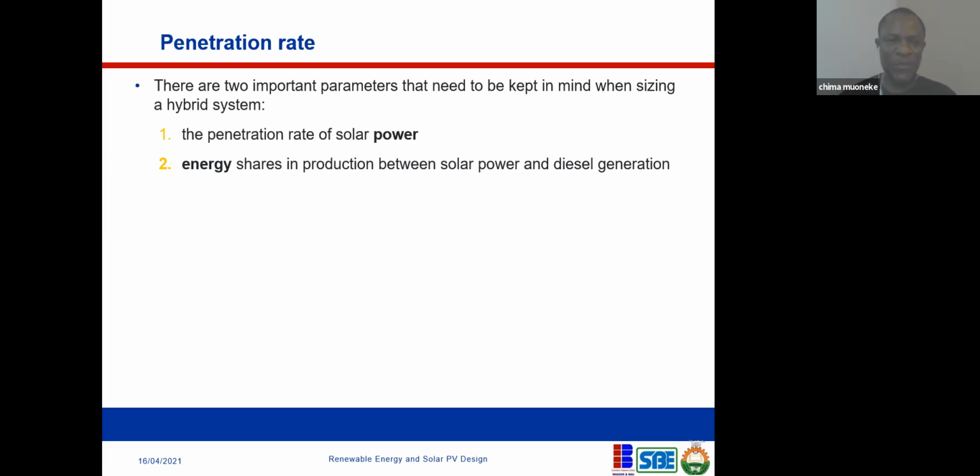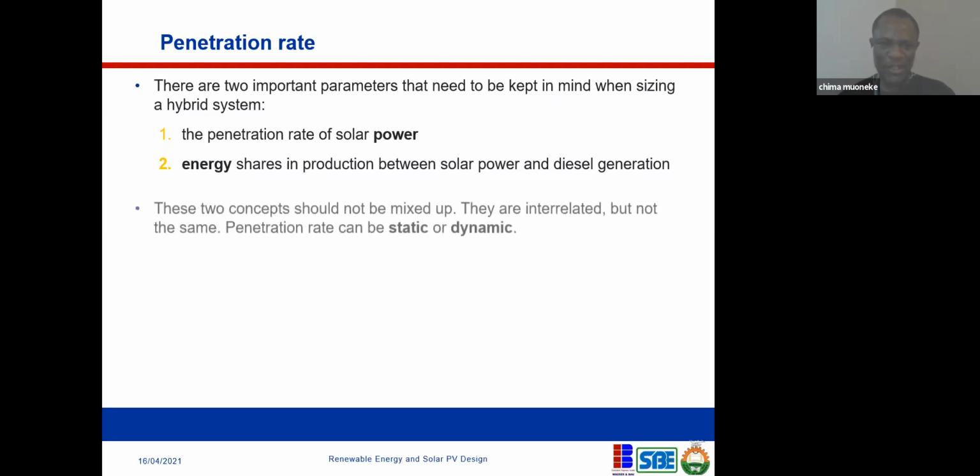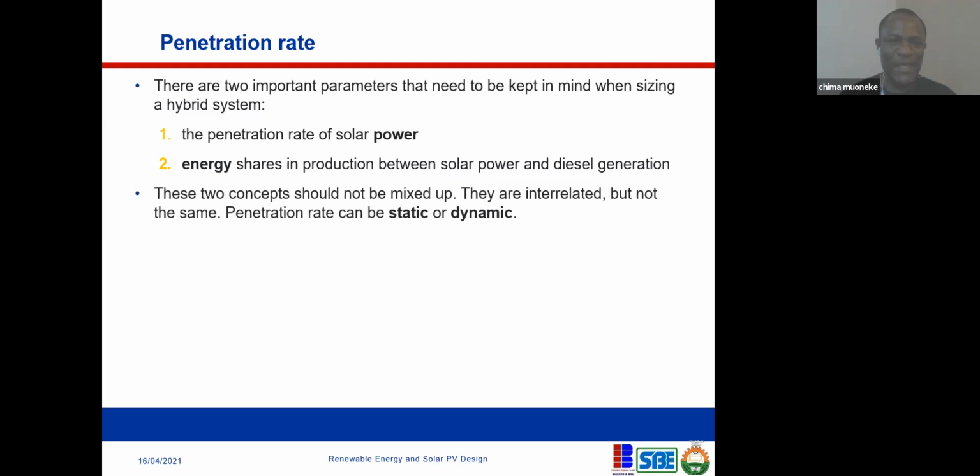The two important parameters are: one, the penetration rate of the solar power; two, the energy share in production between solar power and diesel generator, assuming you're combining with a diesel generator. These two concepts should not be mixed up. They are interrelated, but not the same.